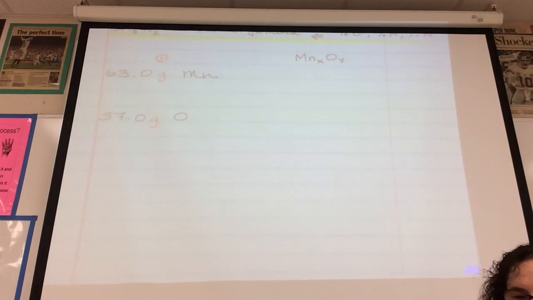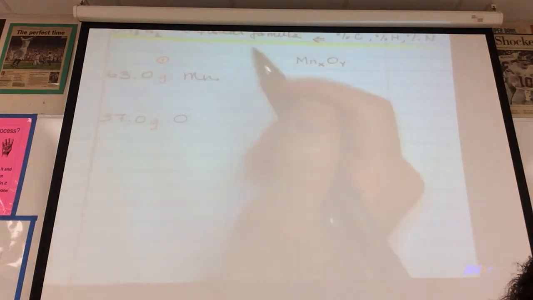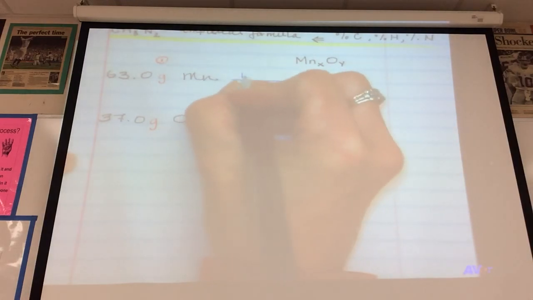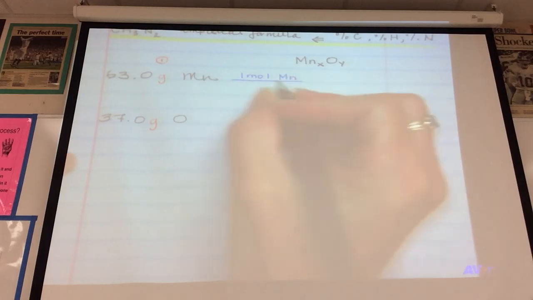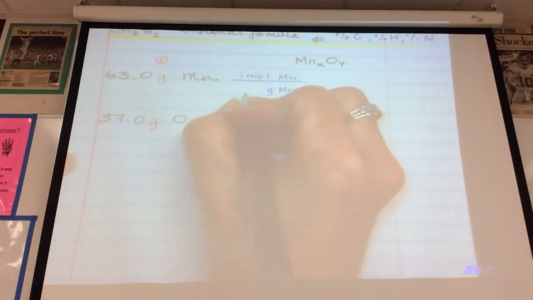The second step is to convert mass to moles. And you already know how to do that. You know that 1 mole of anything is equal to the mass in grams off the periodic table.